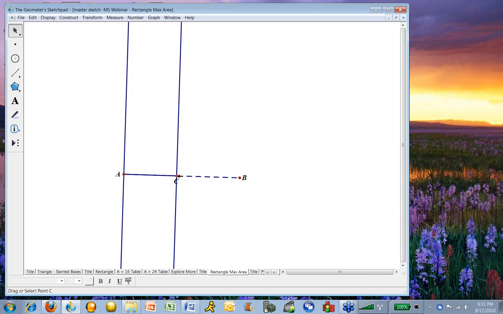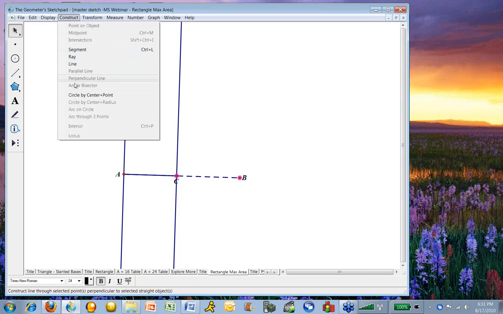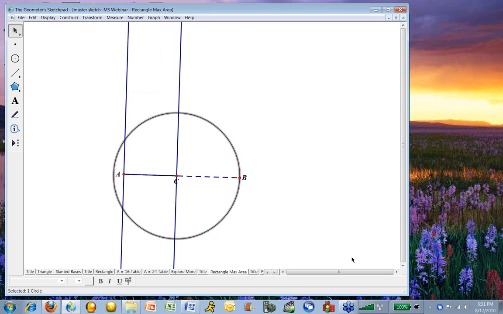So I'm going to create a circle with a center at C and a radius of CB. I chose the center and the point, and when I go up to Construct, that is now one of my options. It's going to create a circle at the center, the first point that I chose. So now it has a circle here.